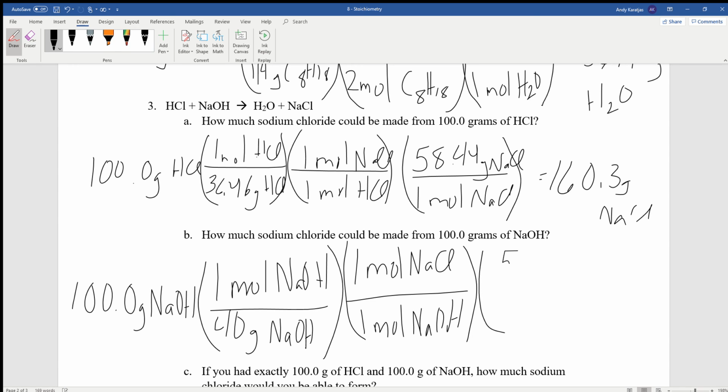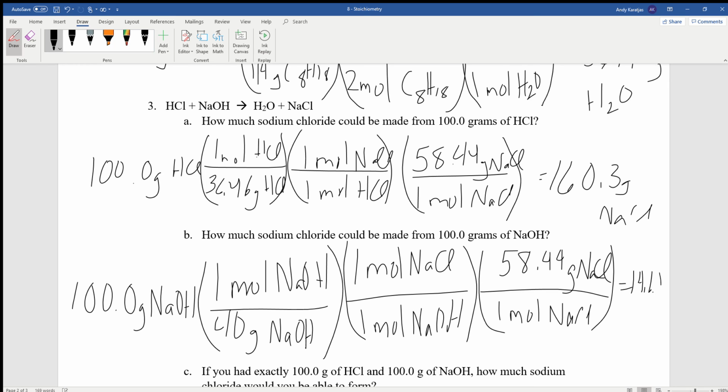And then our third conversion factor ends up being the same because at this point we're going moles of sodium chloride to grams. Calculate that, we get 146.1 grams of sodium chloride.